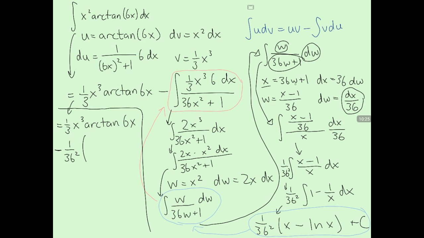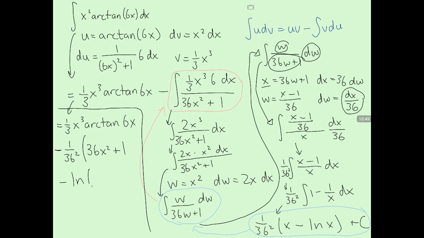Well, what is w? W is x squared. So what we're going to get here instead of x is equal to 36w squared plus 1. Or 36x squared plus 1, excuse me. So that is our x. Then we're going to subtract from that ln x.